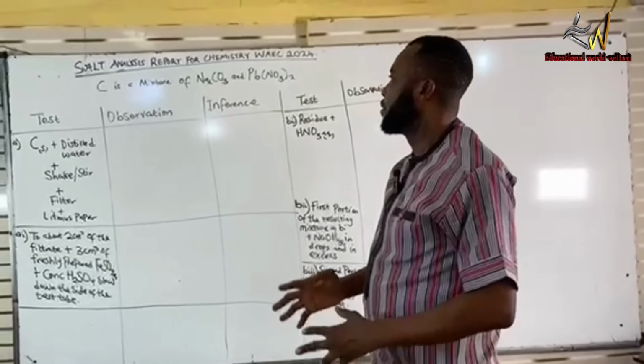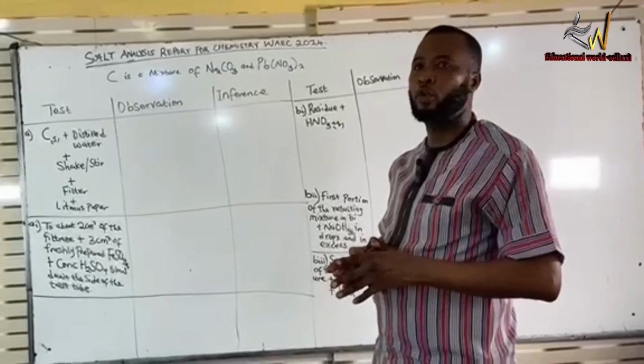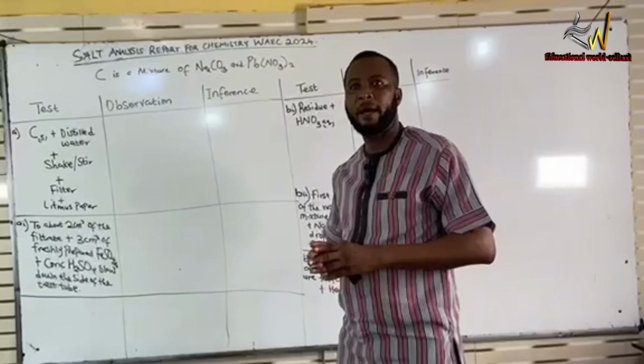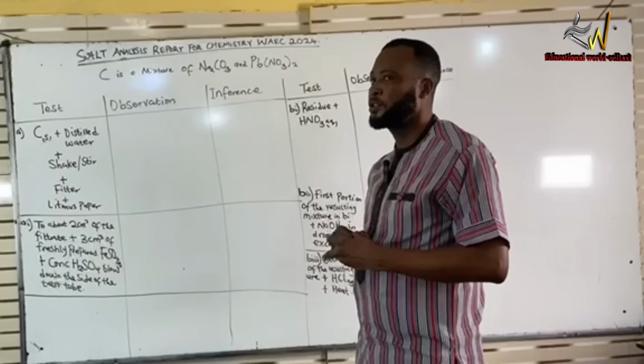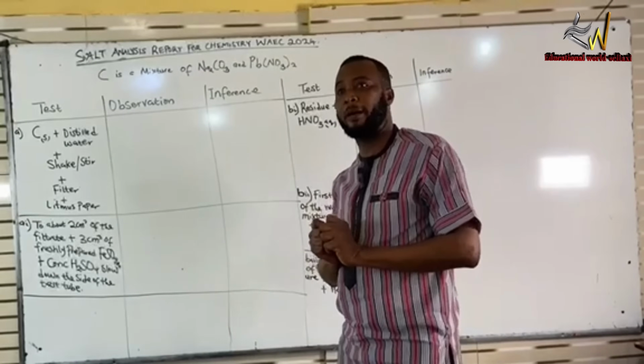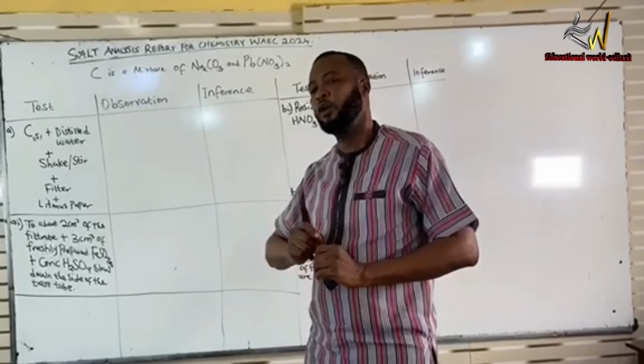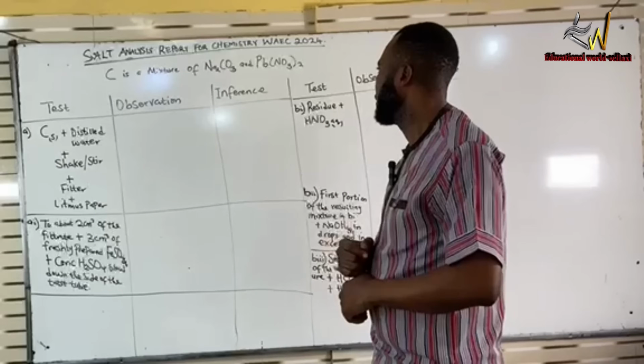Now, we will be asked to dissolve this mixture of two salts in water, and since they are soluble, they will react in water by a reaction called a precipitation reaction or double decomposition reaction.